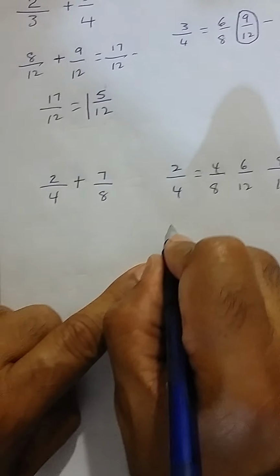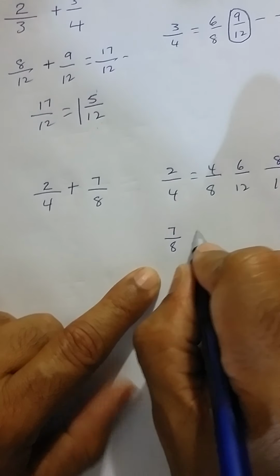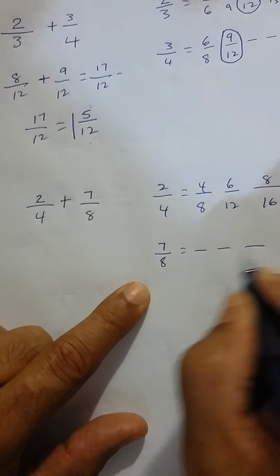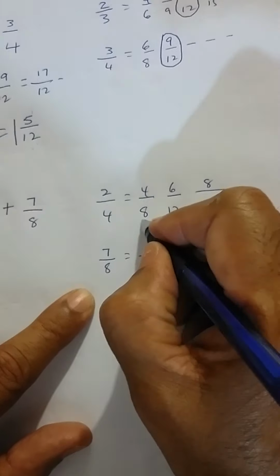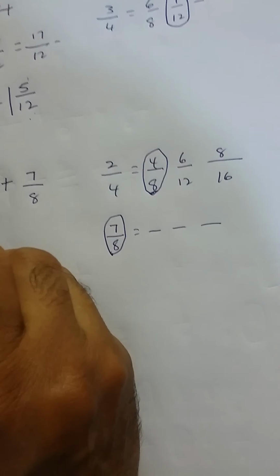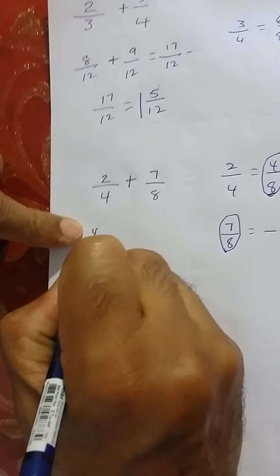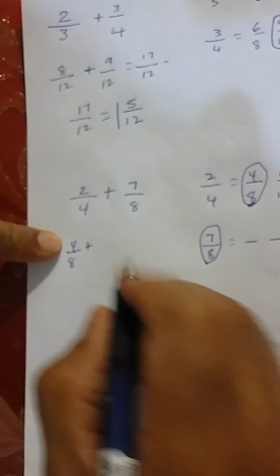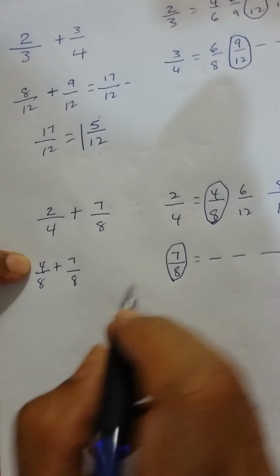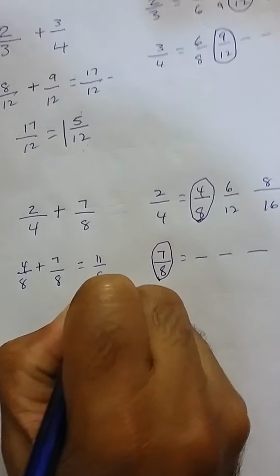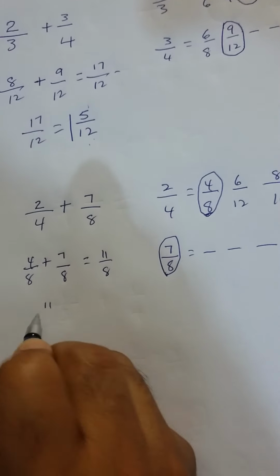And we look at our 7/8 now. 7/8. 1, 2, 3, 8. Oh, I'm already seeing that 8 here and the 8 here. So easy. 2/4 is 4/8. Add 7/8. 4 and 7, 11/8. So how much is 11/8?